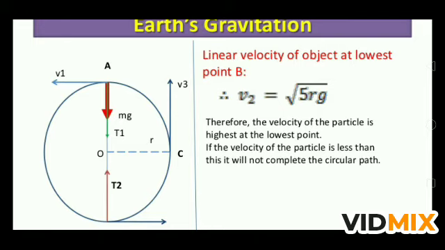If the velocity of the particle is less than this, it will not complete the circular path. Means if the body at the lowest point does not have the velocity equal to root 5rg, the body cannot complete the full circle, because at the highest point it will not achieve the required critical velocity of root rg. So to maintain the complete circle, at the lowest point the velocity should be root 5rg, and at the highest point it should be root rg.